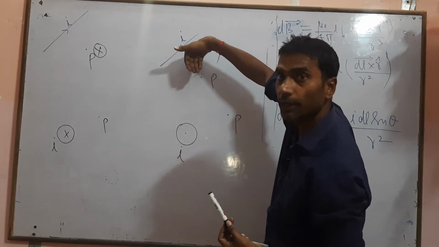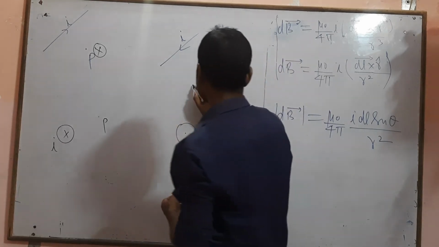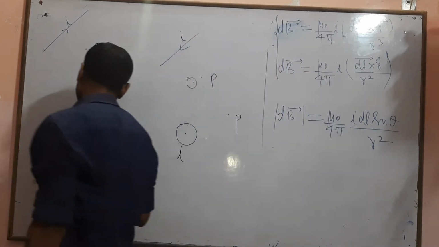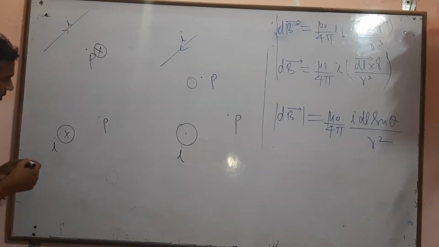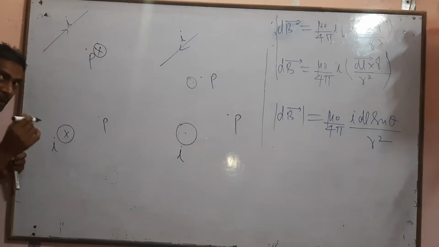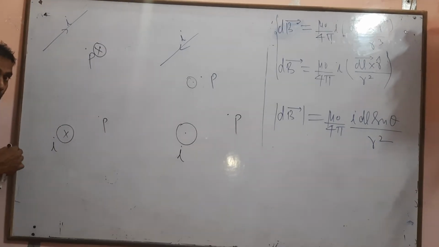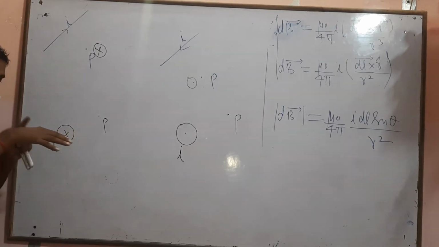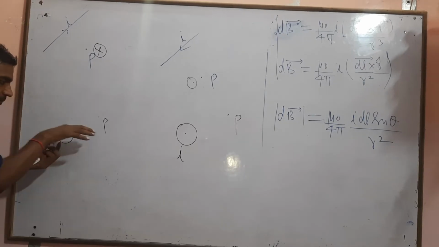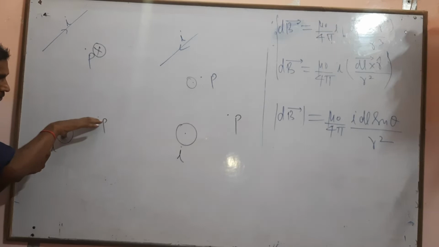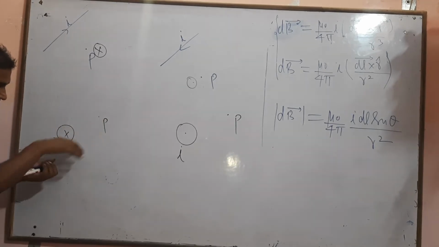This is the outward direction. So the magnetic field at point P due to this wire will be outside, and this wire is perpendicular to the plane, with the current going inside. So the thumb direction is inside, and we get the magnetic field at point P.